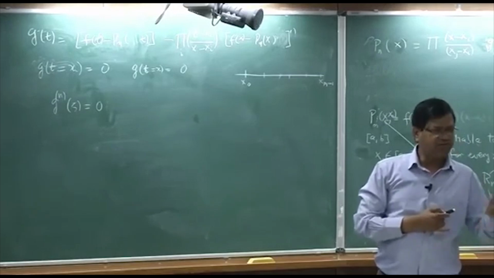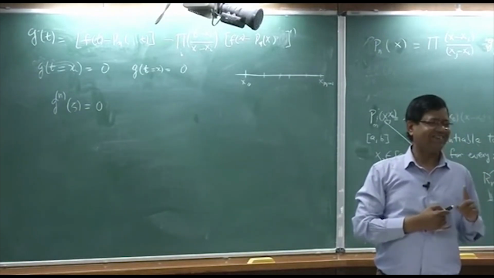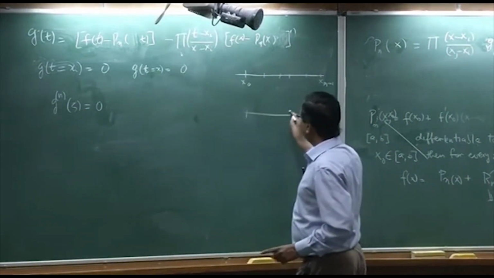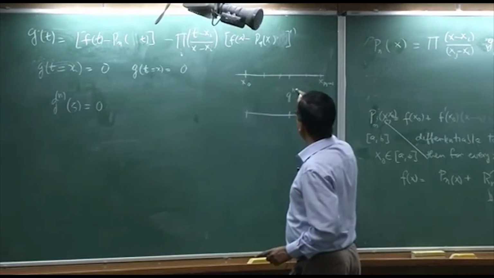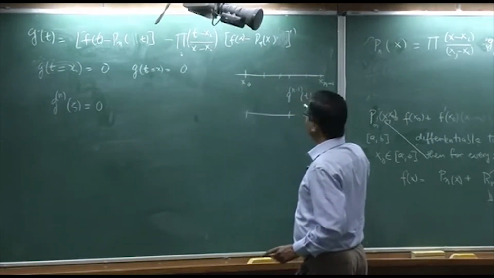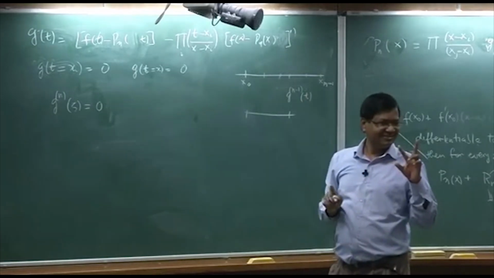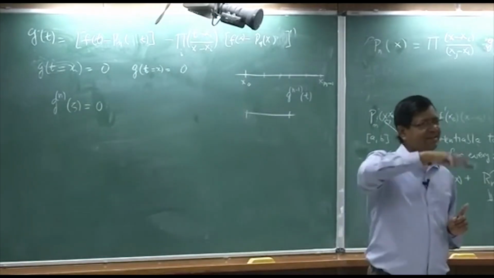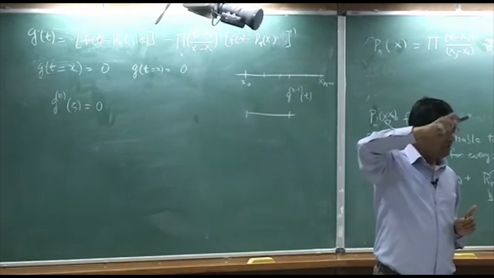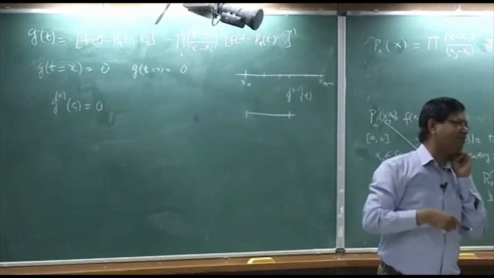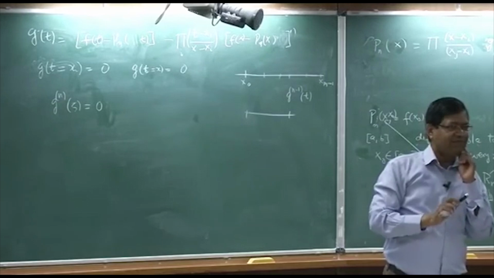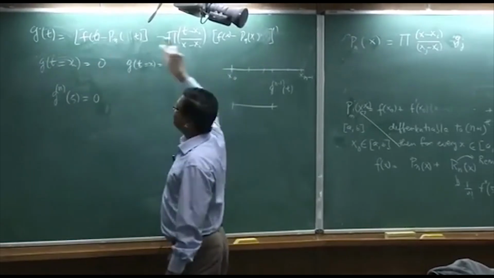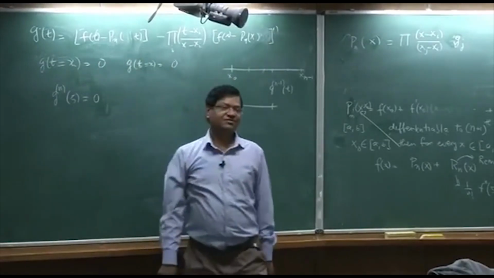So apply Rolle's theorem again and again till you see there are 2 points. So finally I will see that g of n minus 1 of t is 0 at 2 points. We do not know where the points are, but I say 0 at 2 points, and then my next derivative will be 0 at some point in between those 2 points.